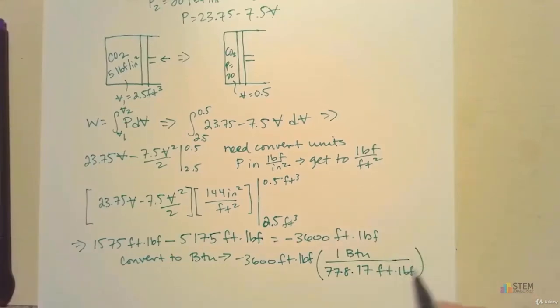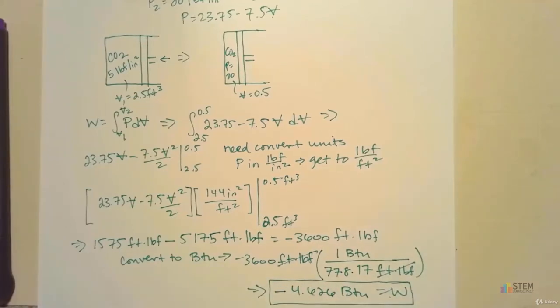Okay, now look and see, make sure your units work out. So those look fine because we're left with BTU. So now, once you divide these two, you'll get a negative 4.626 BTU. This is our work that has been done.